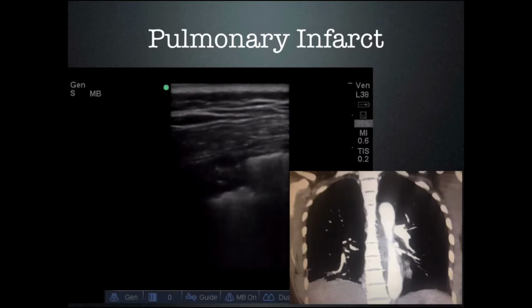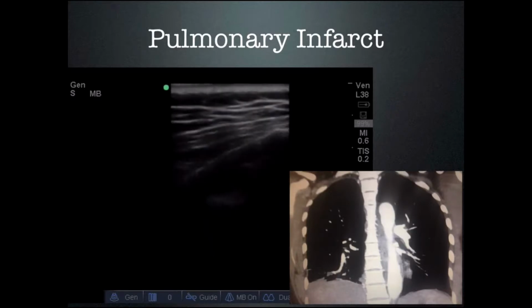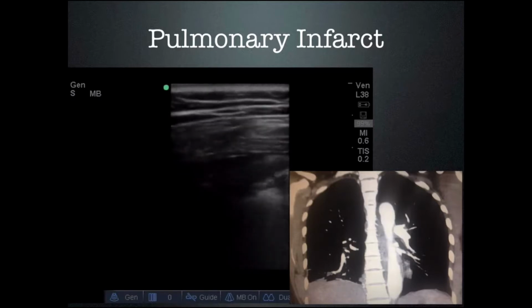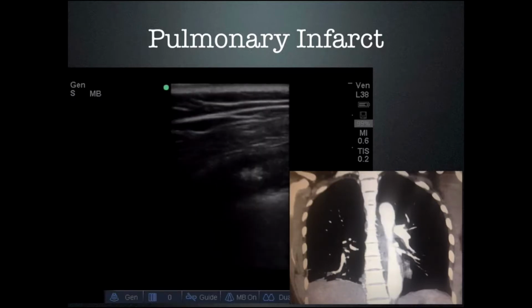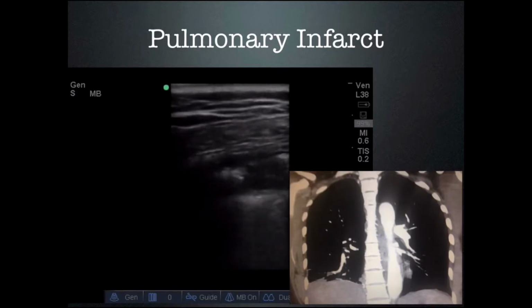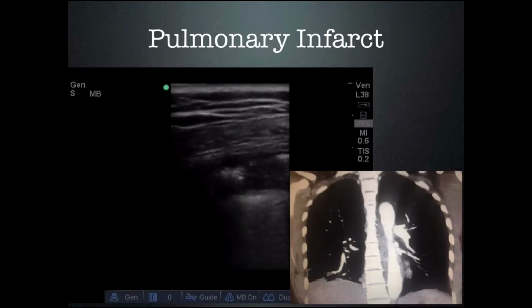Now, when you're talking about a PE and ultrasound, we must keep in mind that a PE is somewhat difficult to see with an ultrasound. And while some studies have demonstrated good results with ultrasound in the detection of a pulmonary embolism, CT is much more sensitive and specific.